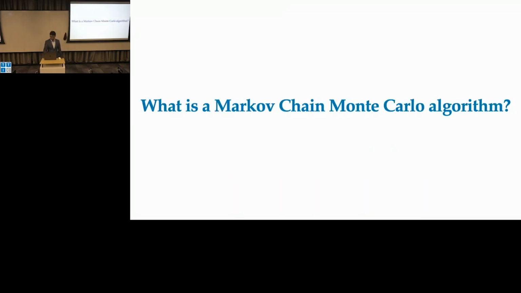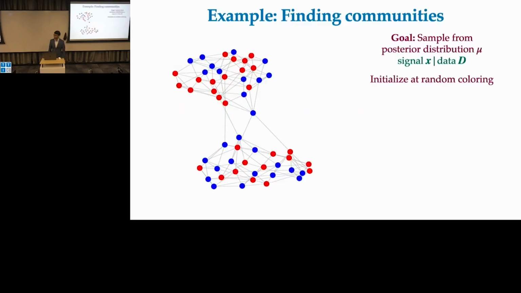So what is a Markov chain Monte Carlo algorithm? This is perhaps best illustrated via an example. Consider the goal where you are given one of these graphs from the block model, and you want to sample from the posterior distribution of the coloring given the graph. Here's a fairly natural algorithm that is often used for this purpose.